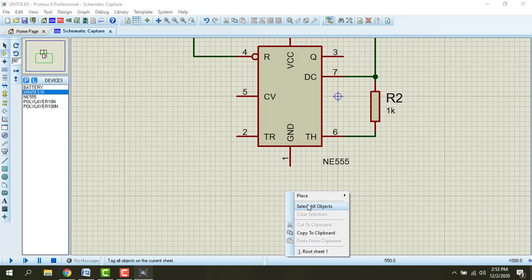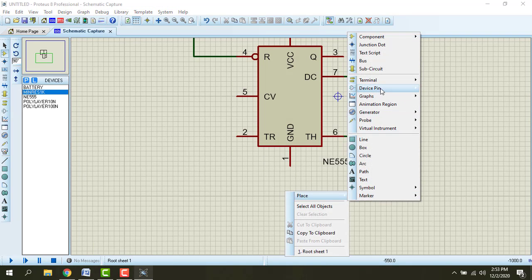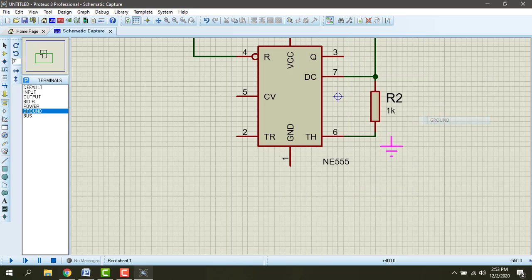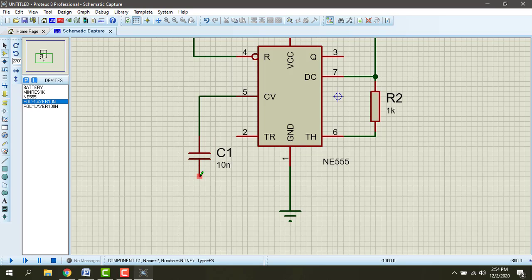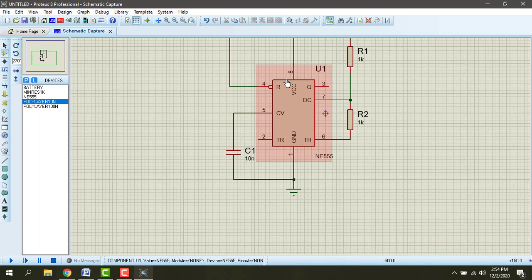Pin number 1 is connected to ground, terminal ground, and in between 1 and 5 we have 0.01 microfarad, 10 nanofarad. And pin number 2 and 6 are short circuited.